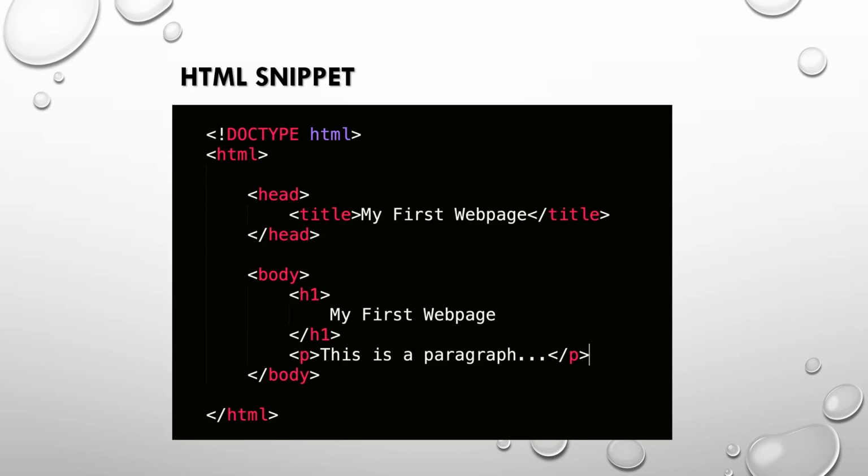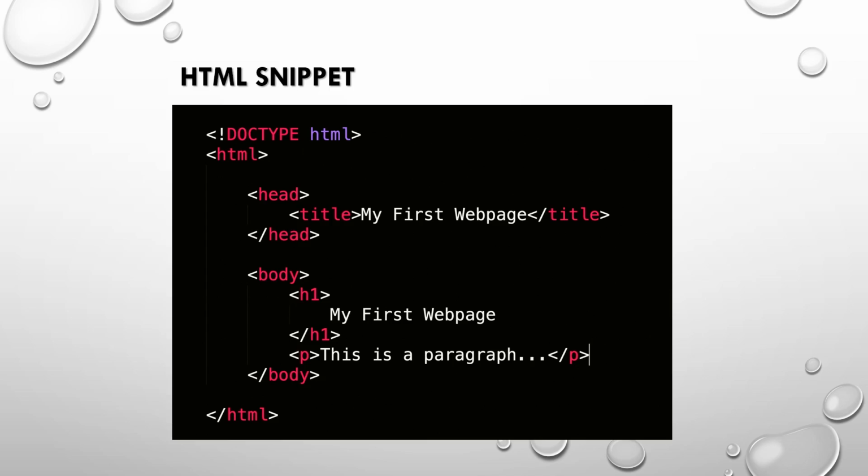But at this point, from this snippet, what I want you to know is that in HTML, all elements are put inside a tag, and most HTML elements have an opening and a closing tag. As we move on in this series, I'm going to talk more about tags and how to use them.